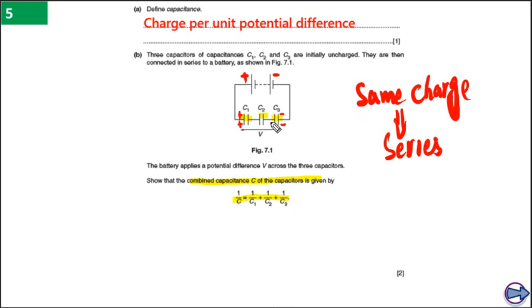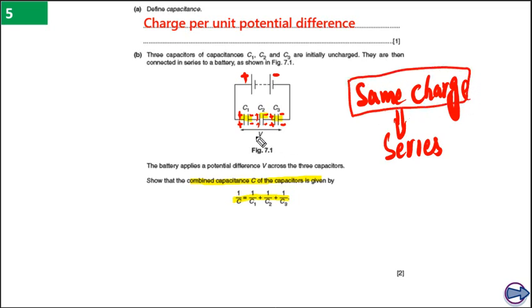The next plate will get net positive charge because electrons will be repelled from this plate and come to the next plate, and these electrons then repel electrons from the next plate, and this next plate becomes negative. So this is how these plates are charged, meaning the capacitor is charged. In this case, there is the same amount of charge on each plate.